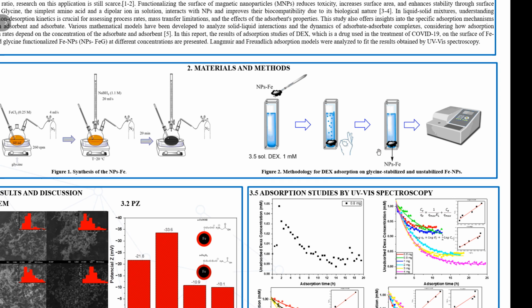These measures were performed at different absorption times with 30 minutes between each one. This procedure was performed for 4 samples: iron nanoparticles and iron nanoparticles with glycine at 3 different concentrations of glycine.